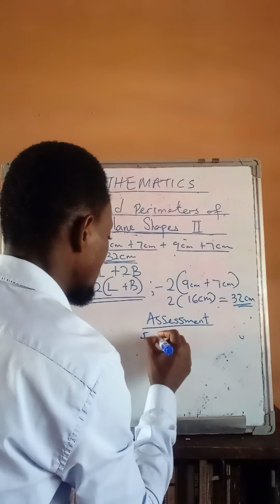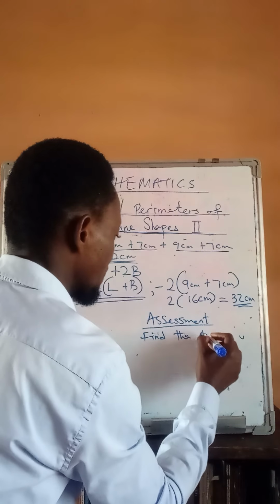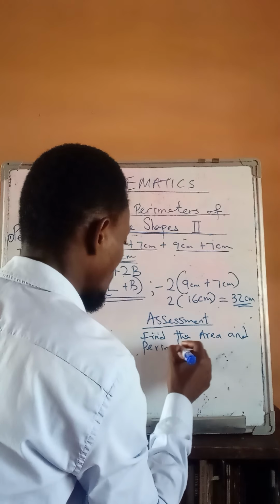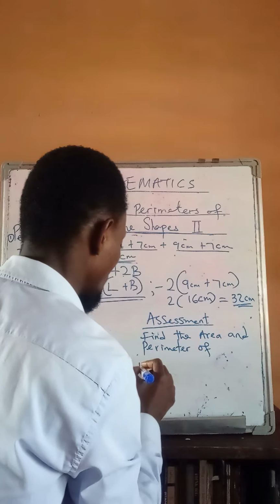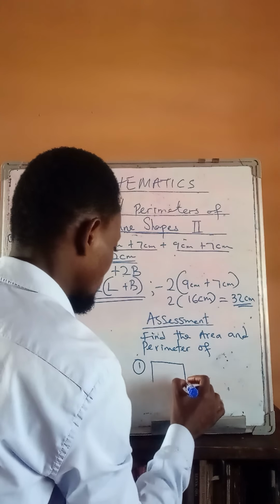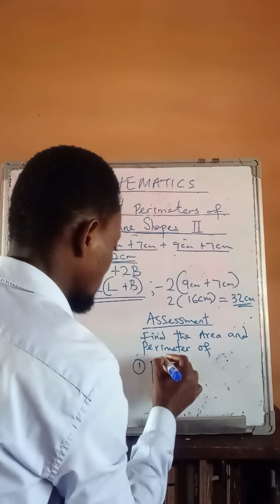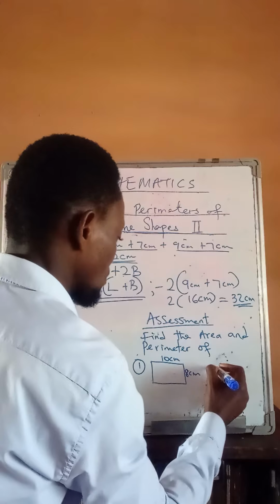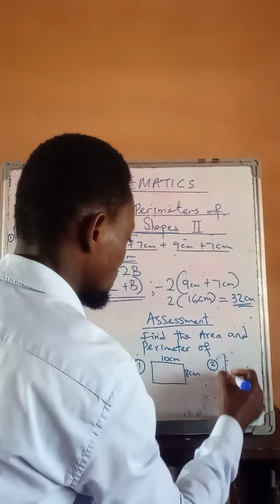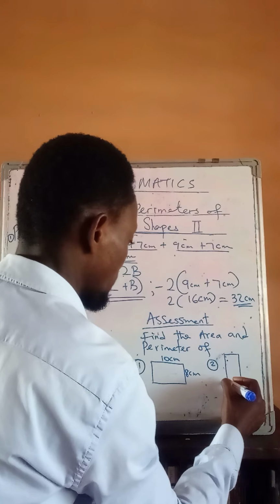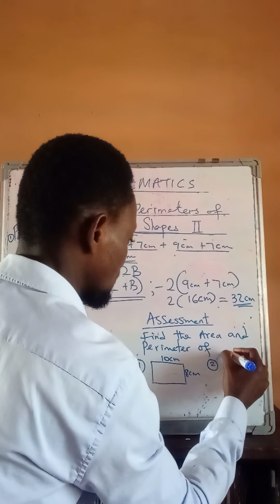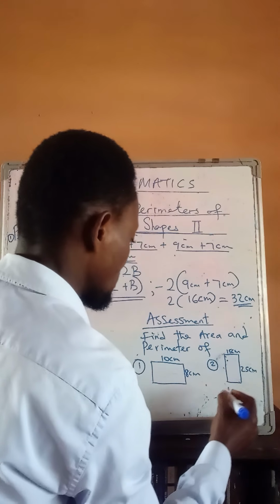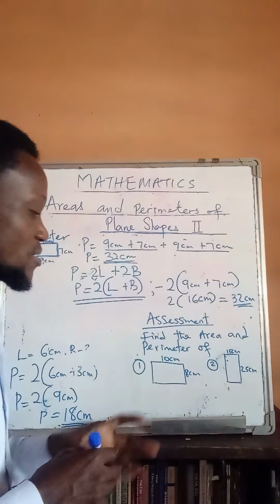Find the area and perimeter of: one, a rectangle with 10 centimeters here and 8 centimeters here; two, a rectangle with 15 centimeters here and 25 centimeters here. Thank you. So that's your assessment.